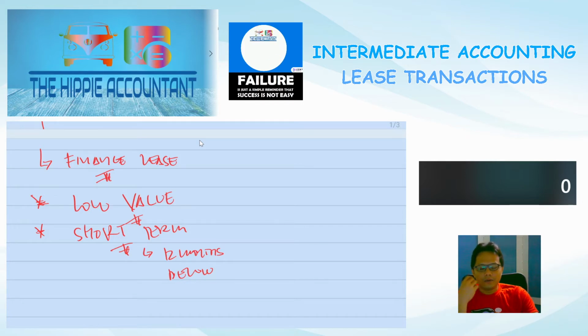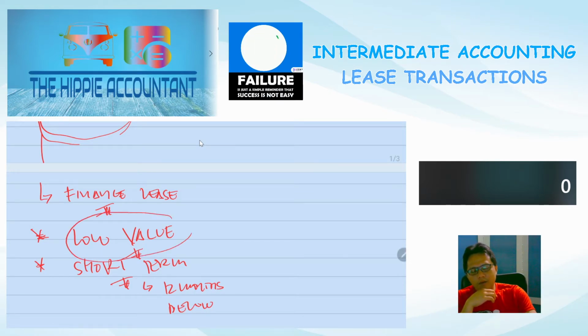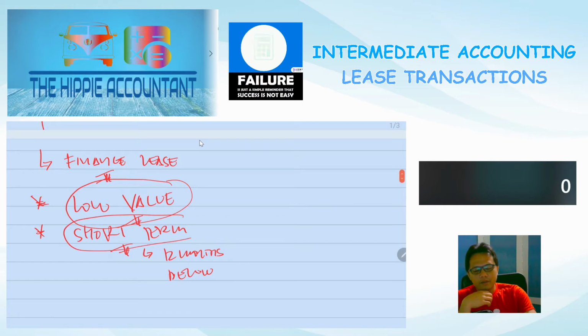We are allowed to report it as an operating lease if the subject of the lease is a low value item or the term of the lease is short term, 12 months and below.